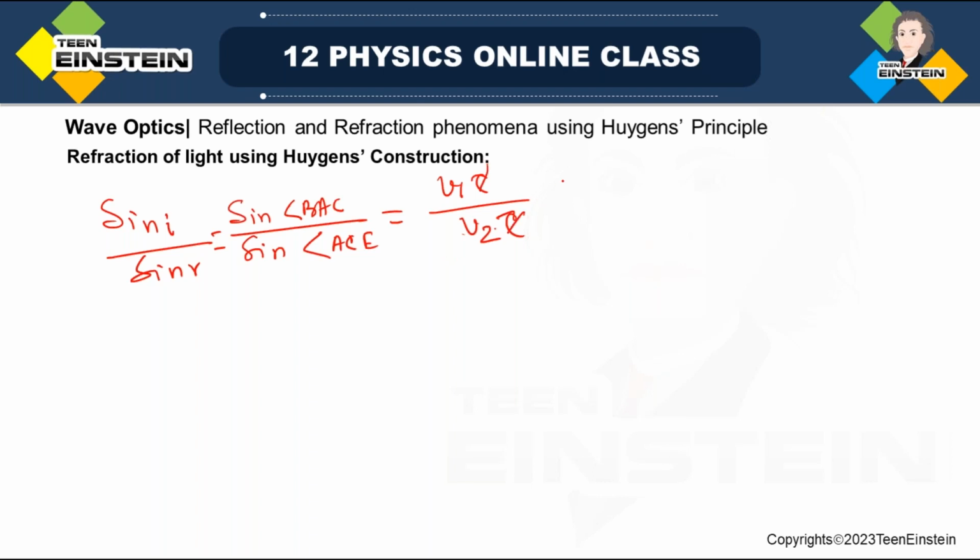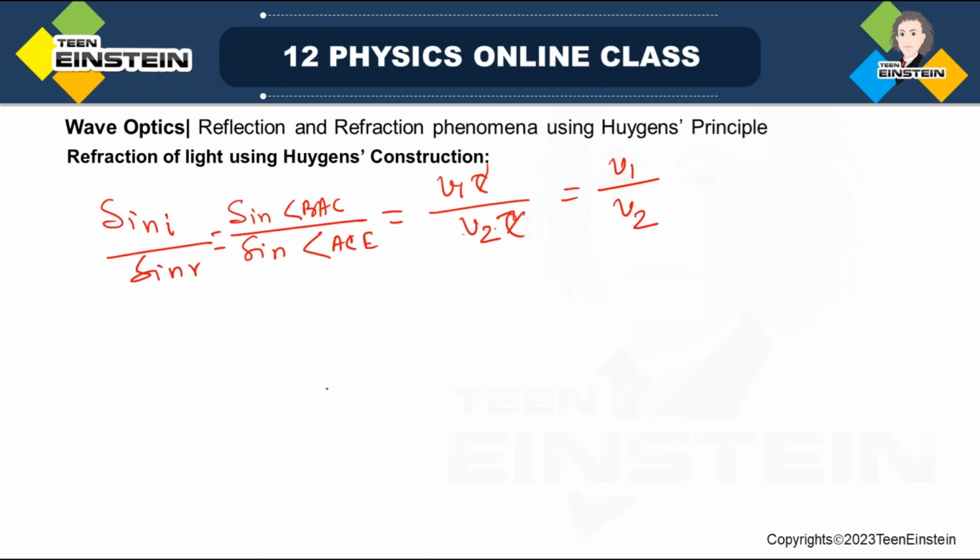So tau gets cancelled. So this could be written as, see, if I just write c by v1. For the time being, let us keep it here. Then we have to show this v1 by v2 is mu2 by mu1. That is what we have to show.